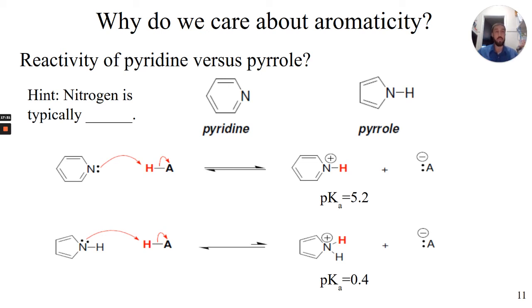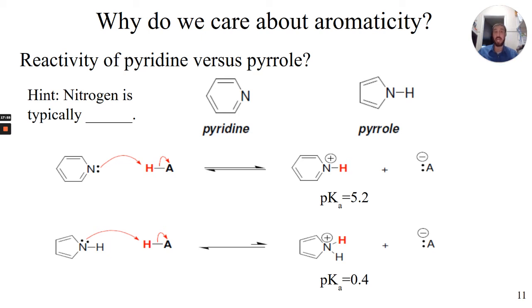It really wants to get back to that aromatic lower energy state. And so it tries to shuttle that hydrogen off as fast as possible, thereby reversing the reaction. What does that mean? Pyrrole, not very basic. Pyridine, okay as far as basicity goes.